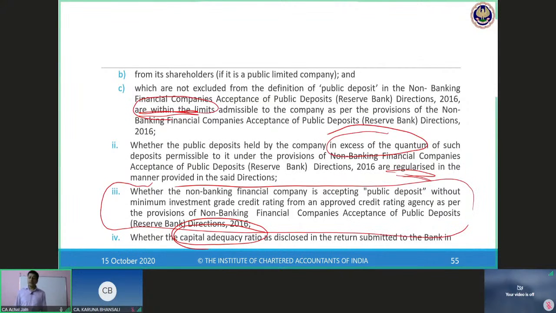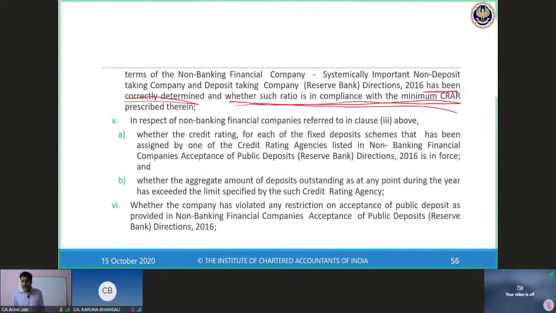Means where third above means the one wherein the NBFC is accepting the public deposits. Whether the credit rating for each of the fixed deposit schemes that has been assigned by the credit rating agencies is in force, and whether the aggregate amount of deposits outstanding at any point during the year has exceeded the limit specified by such credit rating agency.